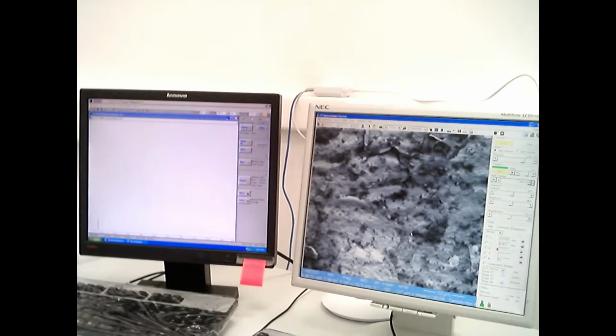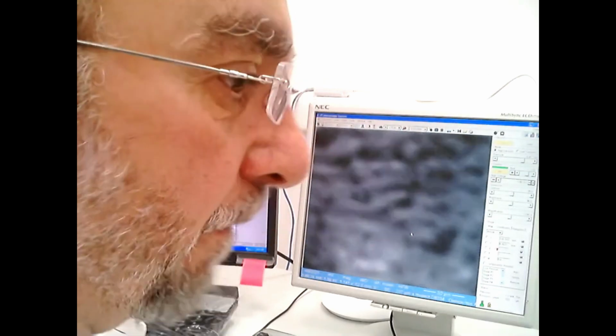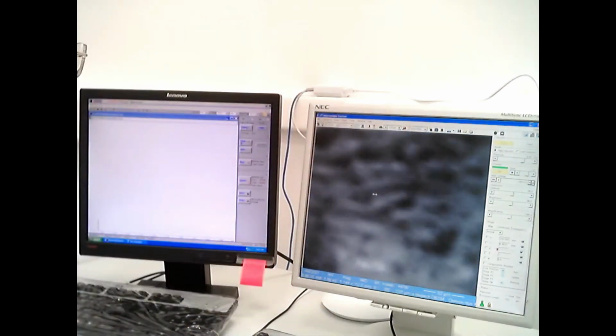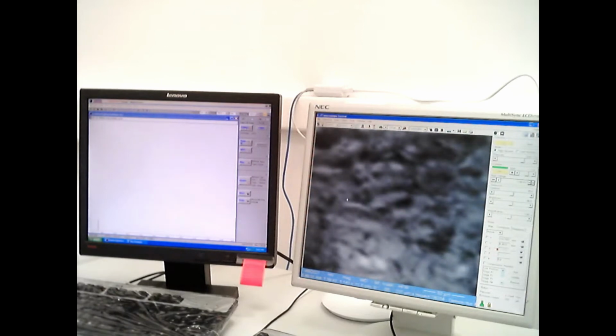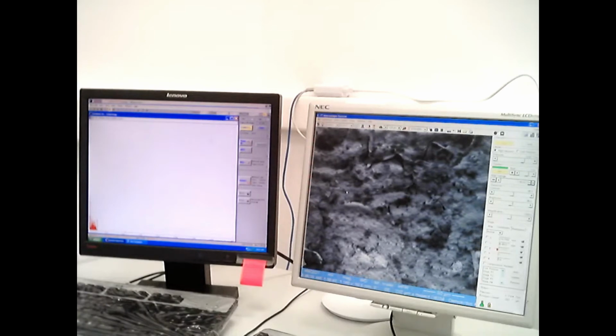Let's see now. Let me adjust it a little bit. And let's put on the analysis, because what we can do is check the X-rays that come from the surface of the material.